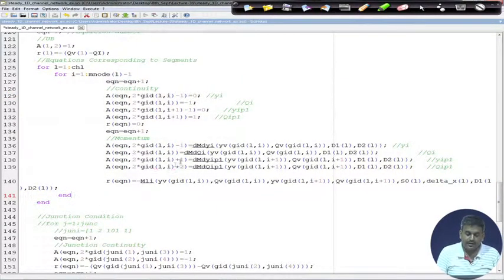Now, in this case we can avoid this and write it in general terms.